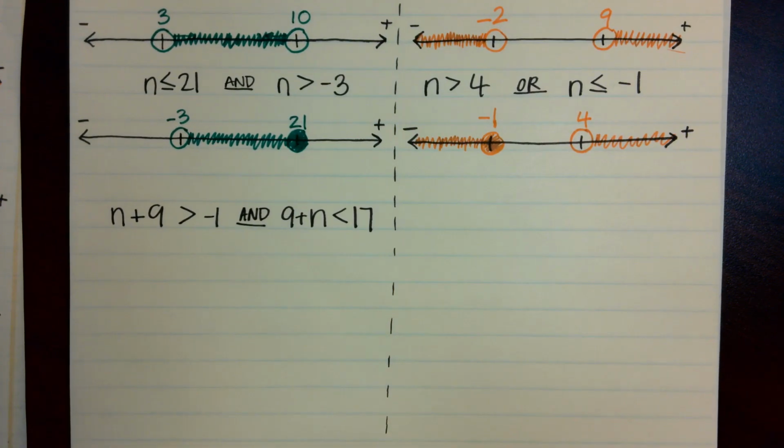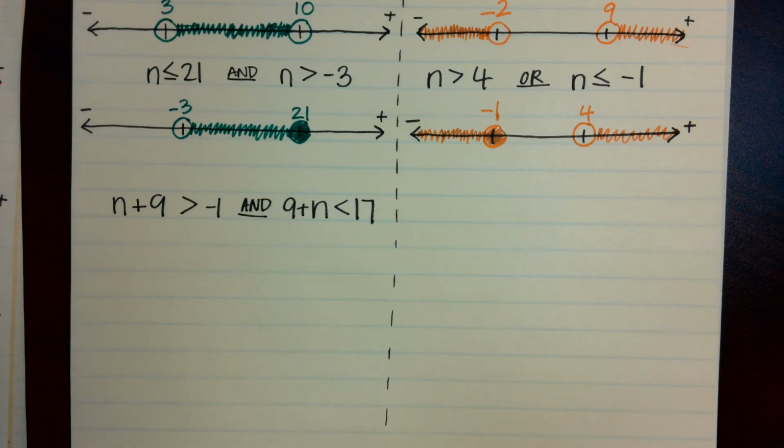Okay, so we've got a compound inequality here. We cannot graph it yet, so what should we do first? Yeah, we just need to solve it. Same as we've been doing. It's just we've got 2 to solve now.